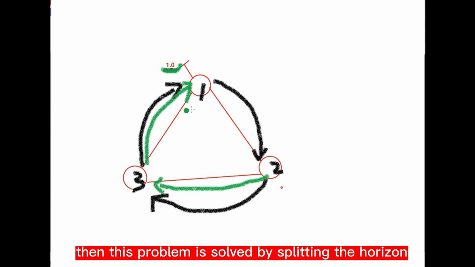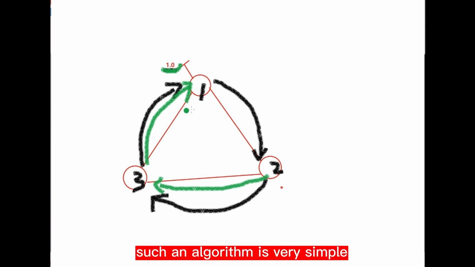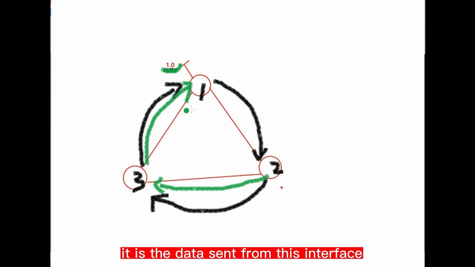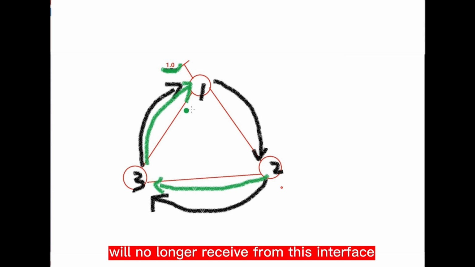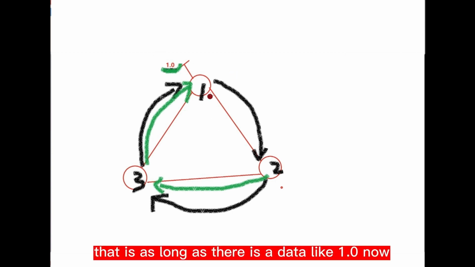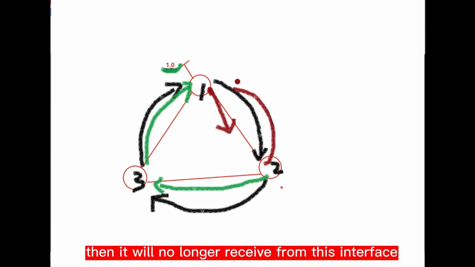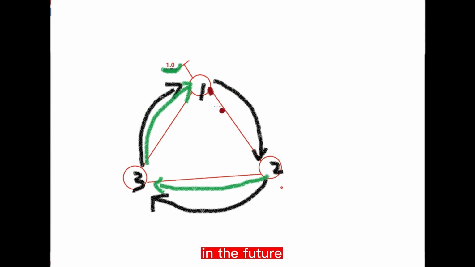This problem is solved by split horizon. Such an algorithm is very simple: the data sent from this interface will no longer be received from this interface. That is, as long as there is data like 1.0 now, device 1 sends it out to device 2 through this interface, then it will no longer receive it from this interface in the future.